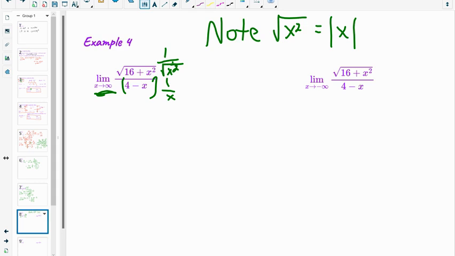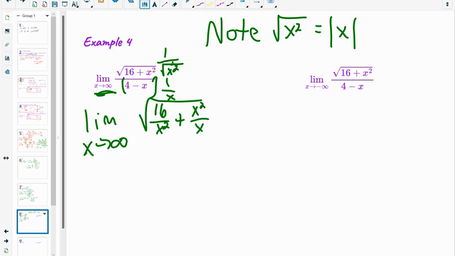Okay? So this is the limit as x approaches infinity of square root of 16 over x squared plus x squared over x squared, all over, and now this is just regular, 4 over x minus x over x.